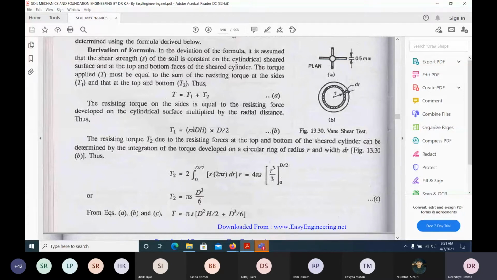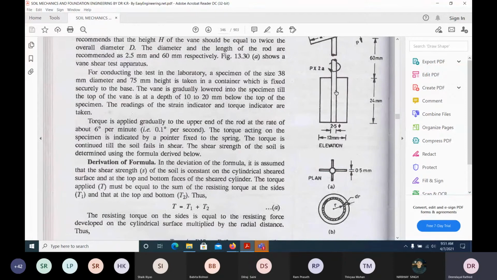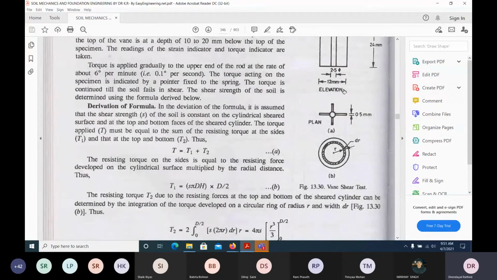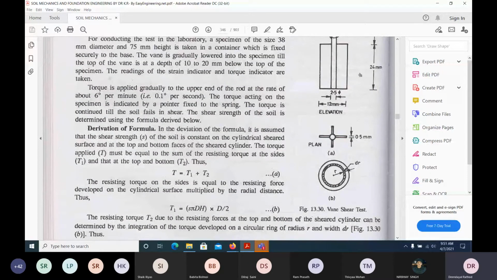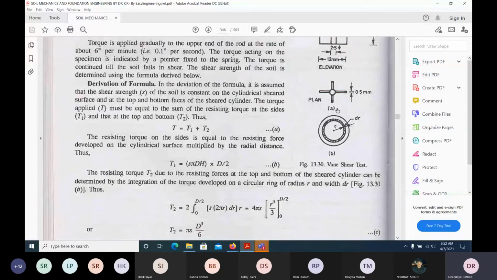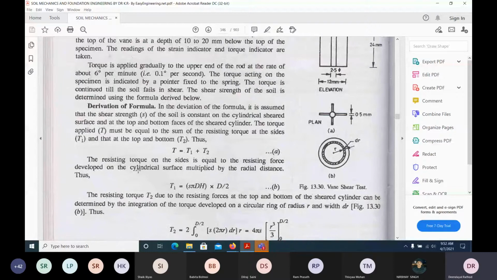Okay, so this is like we have a cylinder of height H, and this is the diameter D. Like in our engineering mechanics formula, we can write torque T1. What is this T1?